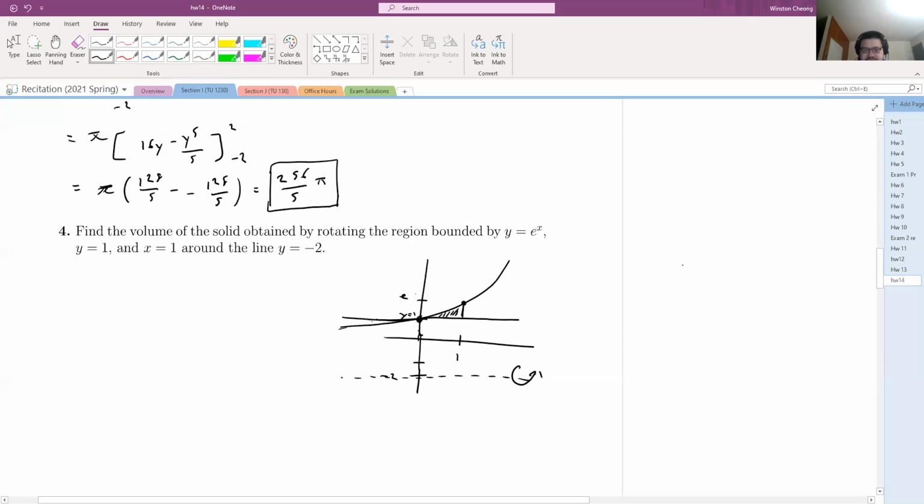So let's think about the formula. I'll rewrite it: it's big R of x, which we then square, minus little r of x, which we also square, and we integrate that, with a factor of pi out in front.